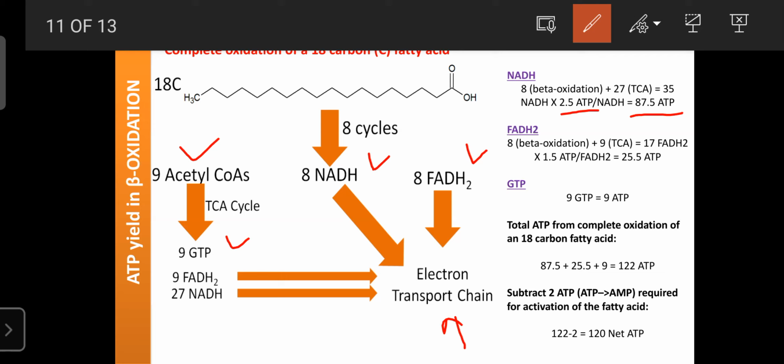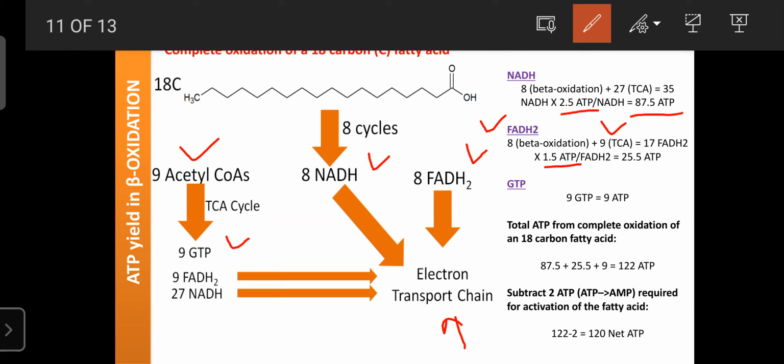from NADH only. Due to the production of FADH2, 8 from beta oxidation and 9 from the TCA cycle, a total of 17 FADH2 molecules are produced, and each FADH2 molecule can yield 1.5 ATP.